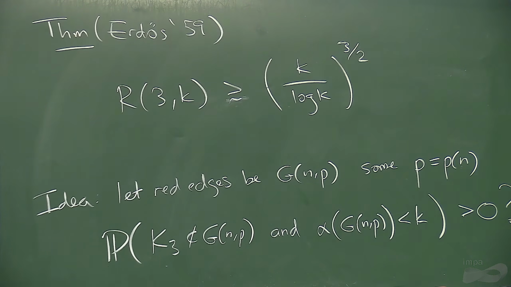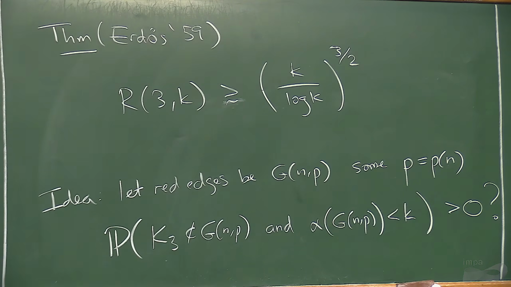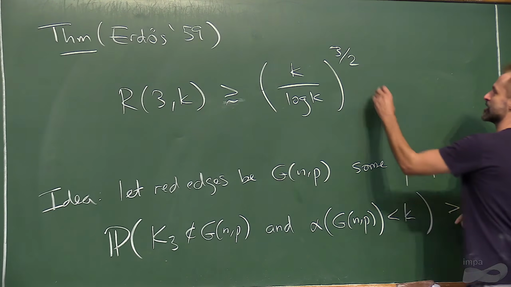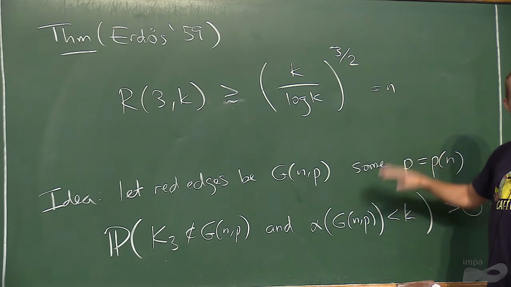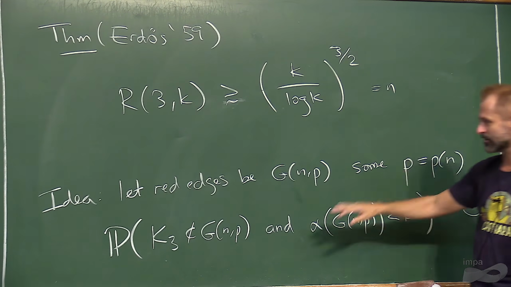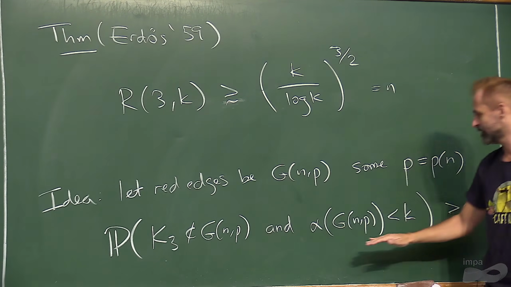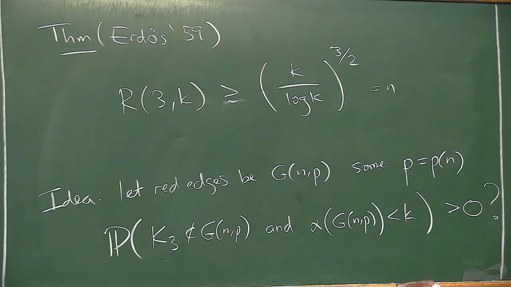If we can choose a clever function p such that these two events both happen simultaneously with positive probability, we'll be happy. That will mean there must exist a graph with these two properties, with n equal to this, and that's exactly what we want: a graph with n vertices, no triangle, and independence number less than k. That's our task. So if we can show it happens with positive probability, we're done.